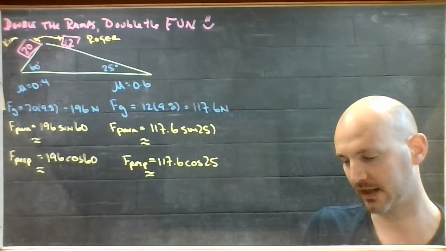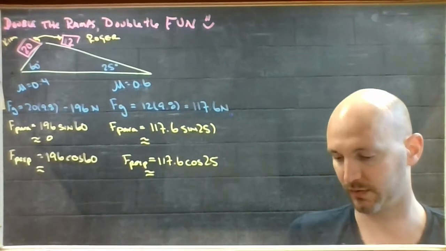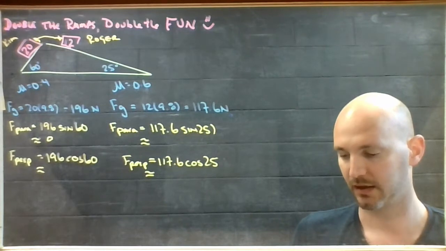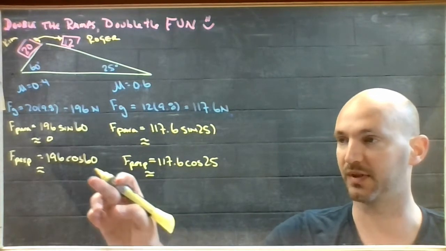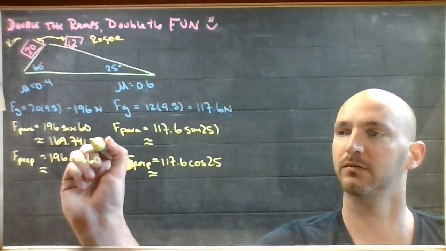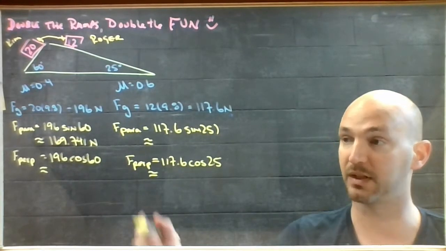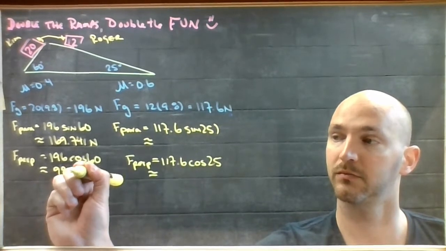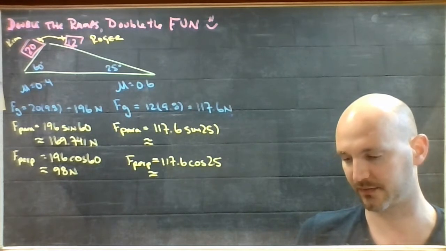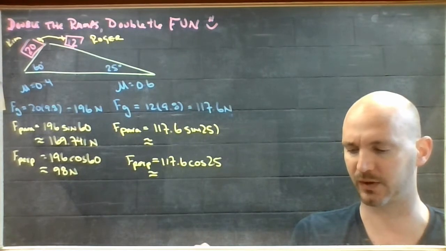So 196 cos 60 gives us 98. Oop, that should be sine 60. 196 sine 60 is 169.741. 196 cos 60 gives me 98. 117.6 multiplied by sine 25 gives me 49.6999, which I will round to 49.7.